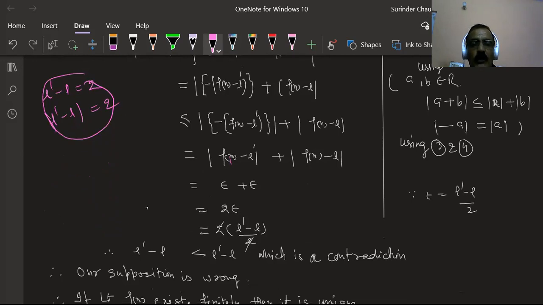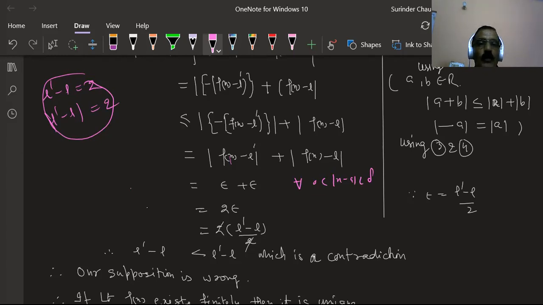What is the domain for this? The domain is for all x with 0 less than modulus of x minus a less than delta, a common domain. So modulus of L minus L' is less than epsilon.